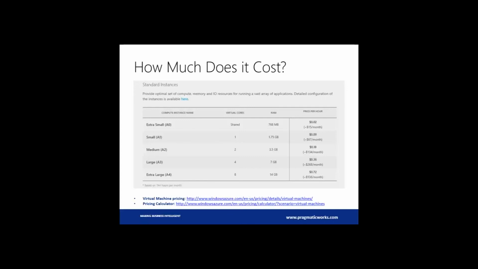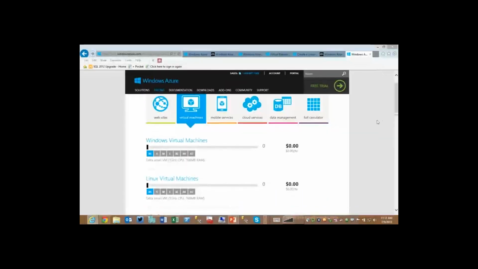Now, how do we figure out how much that's going to cost us? Well, the nice thing is that there's a nice little calculator that Microsoft has provided, and we're going to jump to that real quick. So on the Windows Azure website, which is windowsazure.com, we can get to this calculator.